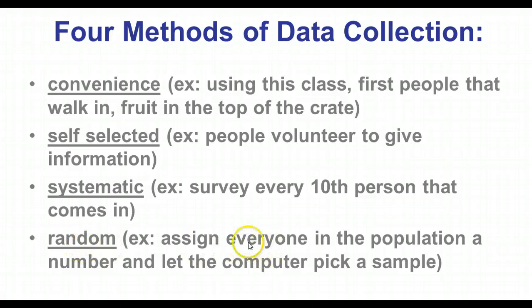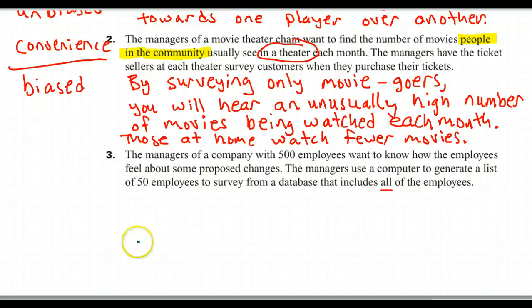A keyword is everyone. Everyone in the population has to be included and has to have an equal chance of being picked for it to be truly random. And they did say all of the employees are included in this database, and a computer is being used to generate this list, so that is definitely going to be random.